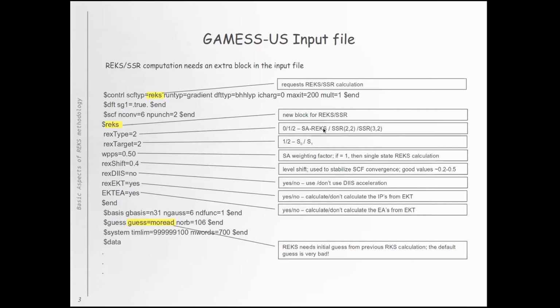So the first 2 means how many states are included in the state interaction, and the other 2 means how many states are included into the state averaging in this SA-REKS. You don't set explicitly the name of the method. You only tell the program what type of calculation you want to do, 0, 1, or 2.